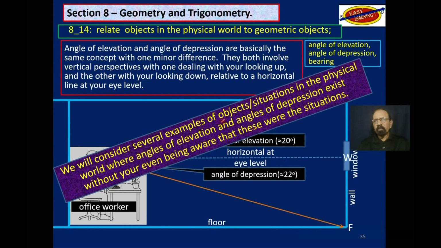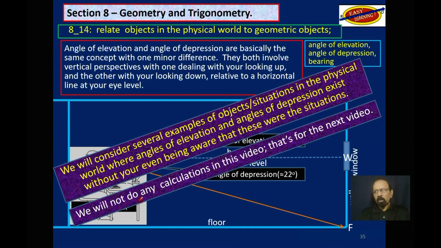We will consider several examples of objects or situations in the physical world where angles of elevation and angles of depression exist without your even being aware that these were the situations. You never thought of them as angle of elevation or angle of depression, but they exist. We will not do any calculation in this video.